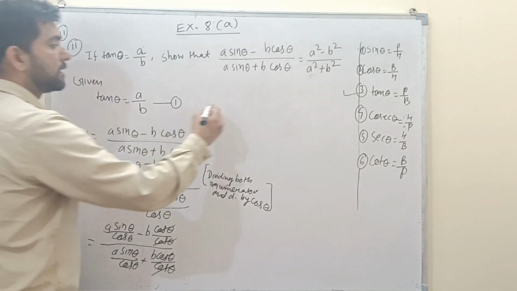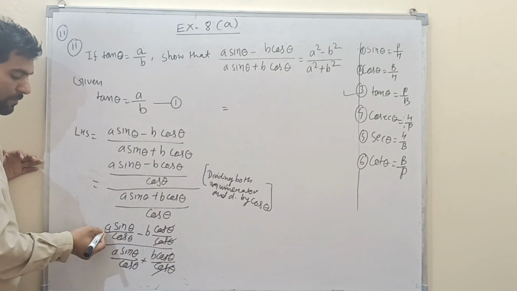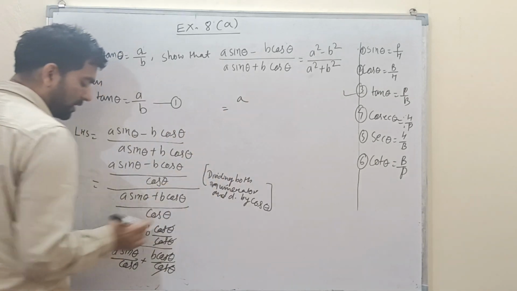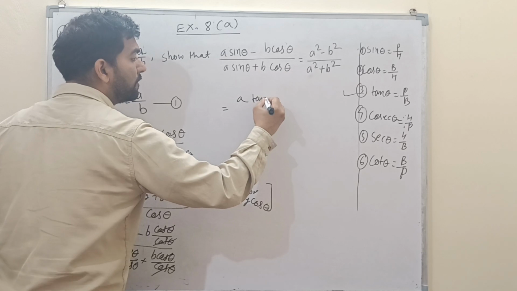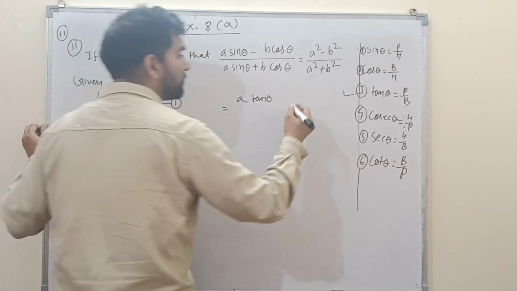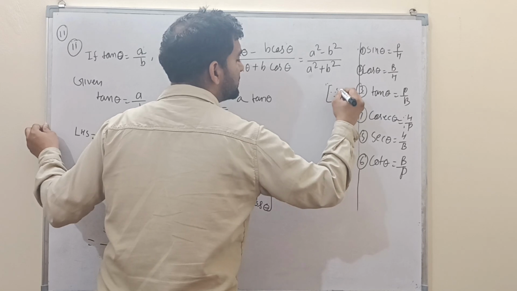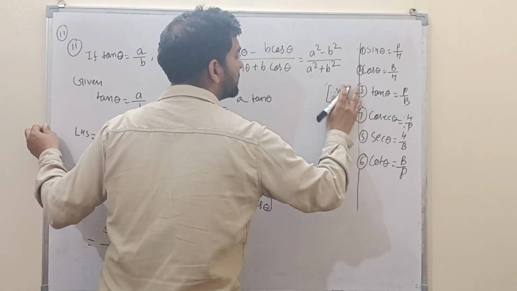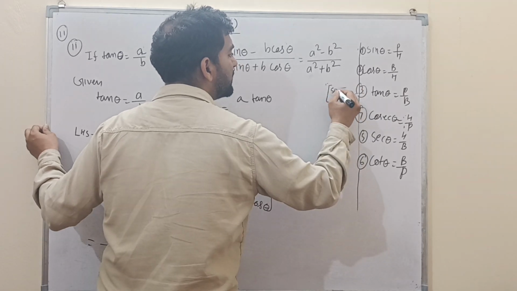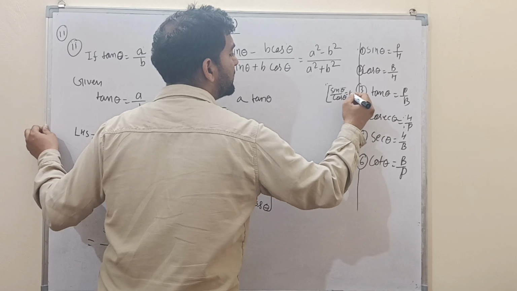So next step I can write, after this you will see here. It will be a, a. You already know sine theta by cos theta is nothing but tan theta. Those who have confusion, they will write down this formula in brackets. Since sine theta by cos theta is nothing but tan theta.